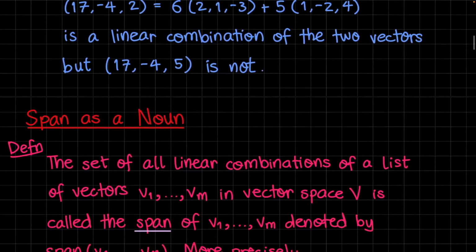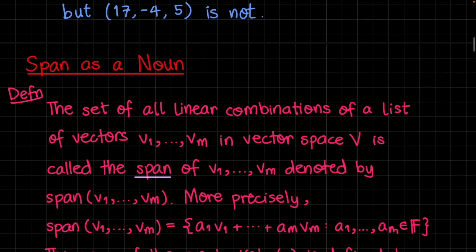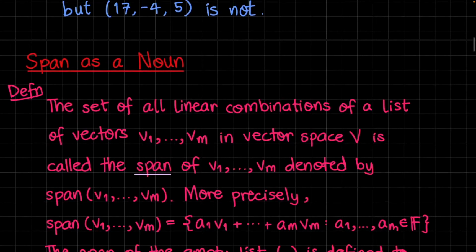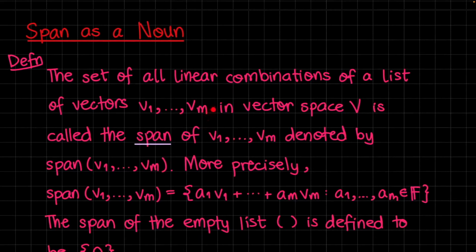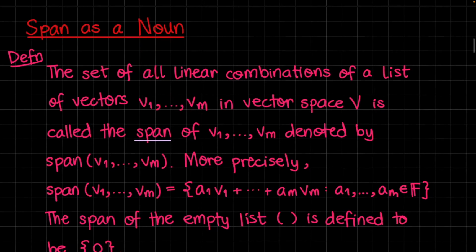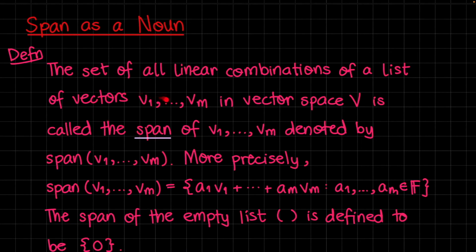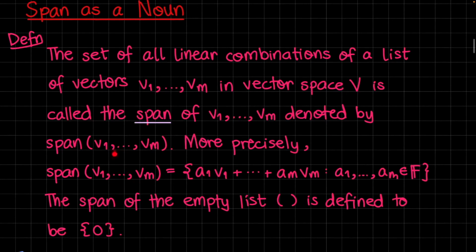Now, moving on to a useful notion where linear combinations will actually come up, span as a noun. The set of all linear combinations of a list of vectors v1 through vm in vector space V is called the span of vectors v1 through vm, denoted by span v1 comma through vm.